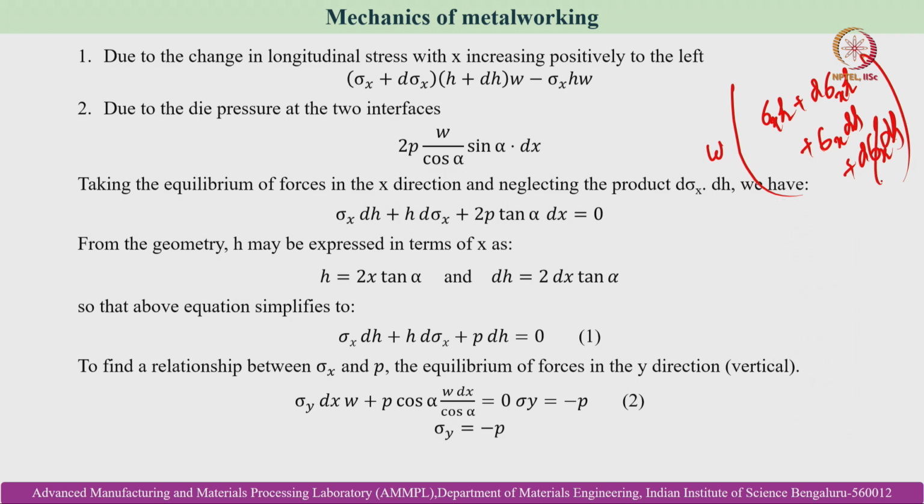Okay. Then the equation gets reduced to sigma x h plus h d sigma x, okay, plus sigma x dh, and it is multiplied by w. Because here there is minus sigma x h w, we have cancelled it.